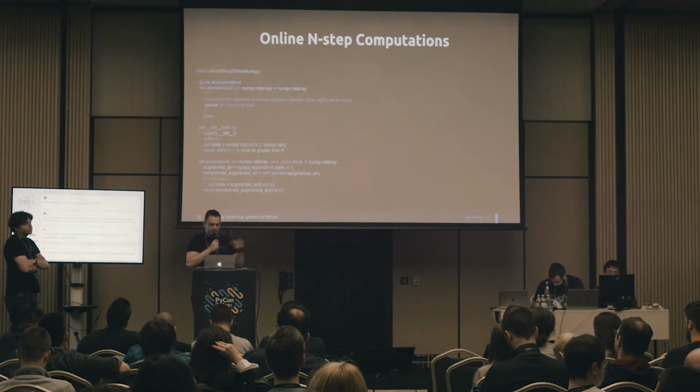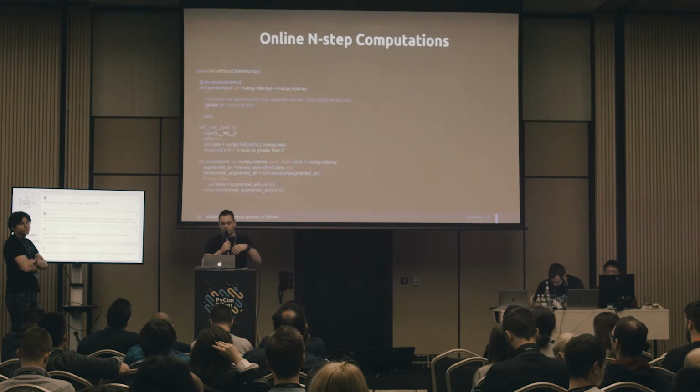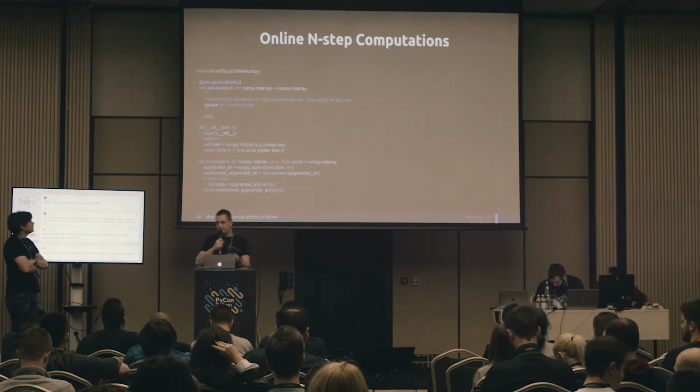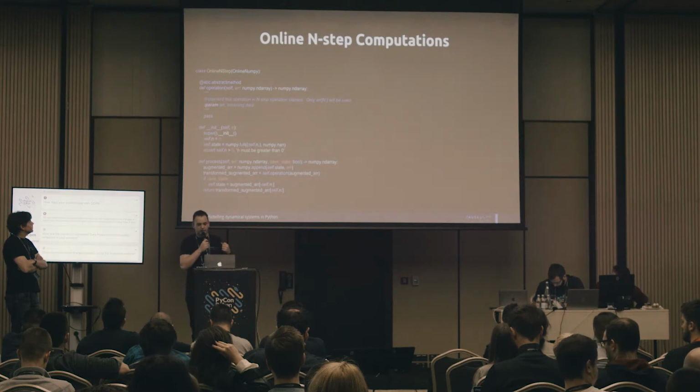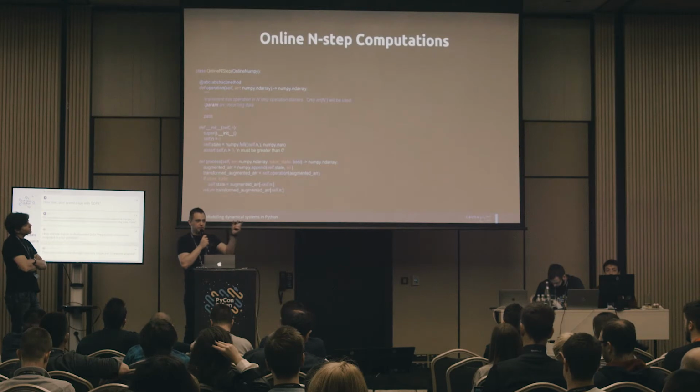So basically you're creating an initial state, which is just filled with Nones. You don't have any data. And then in the process, you actually apply the operation, save the state if that's necessary, and return the transform arguments. Everything is done in a NumPy array.